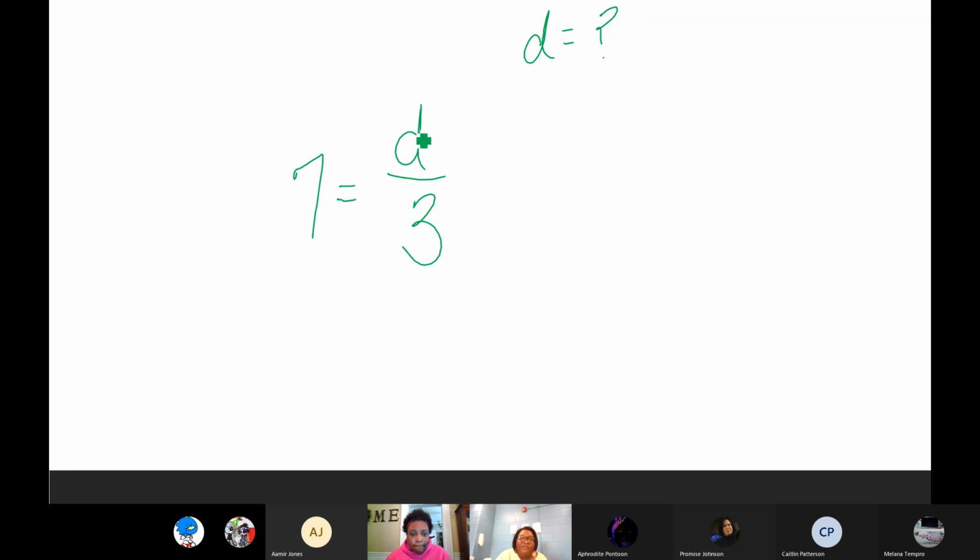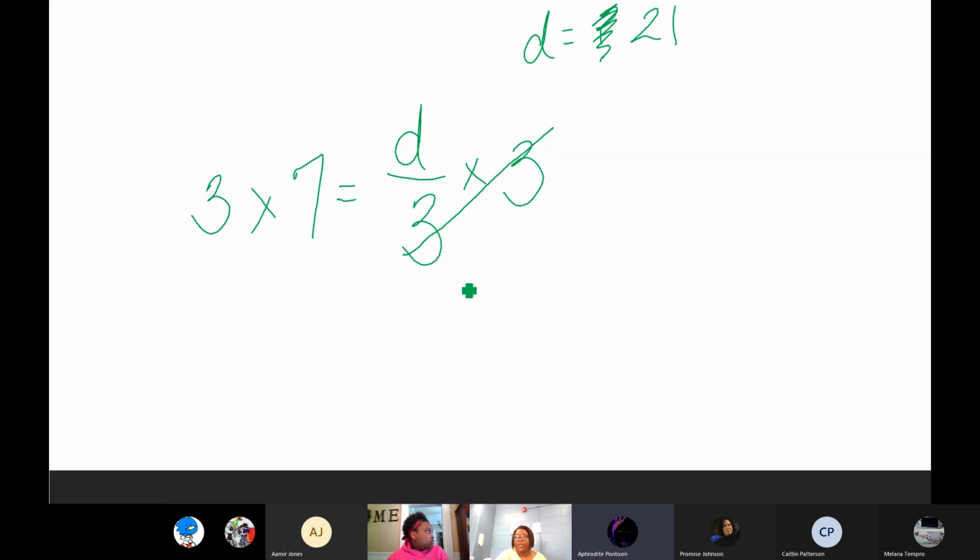So if this means division, what is the inverse or opposite operation for division? Multiplication. So I'm going to have to multiply this by 3. This is the only way I can get that variable by itself. I can isolate my variable. We want to remember that whatever we do on one side of the equation, we have to do to the other side of the equation. So what is 3 times 7? 21. So D is 21.